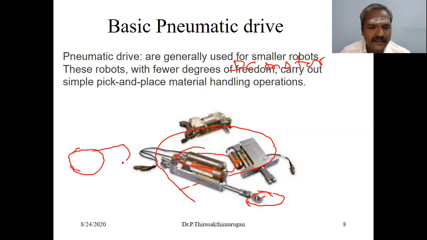Through the air compressor we supply air to the cylinder, and through the cylinder it moves up and down. As I already mentioned, there are two types of cylinder: single acting cylinder and double acting cylinder. Let's see them one by one.